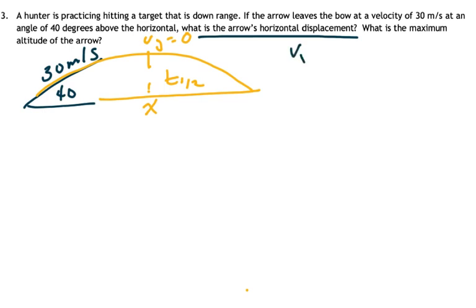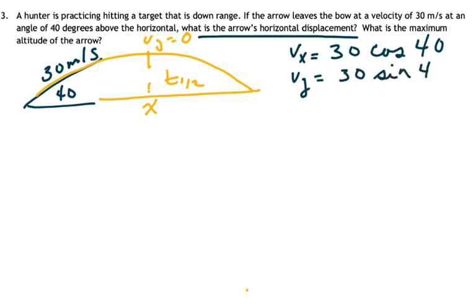So dx is going to be equal to 30 cosine 40. Vy is equal to 30 sine 40. And Vy, since we're going to need that one right away, is 19.3.